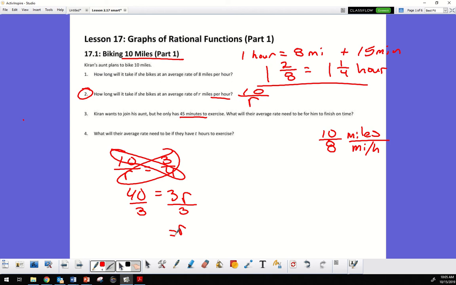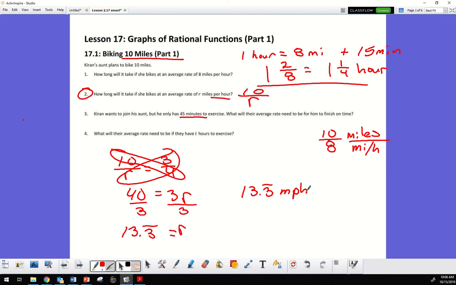Divided by 3. That doesn't go in evenly, does it? No. What do we get? Should be 13 point. And what does that number signify? What are the units I'm using for that? Miles per hour. So my rate is going to be 13.3 miles per hour.